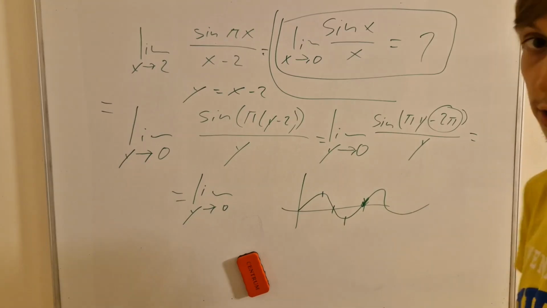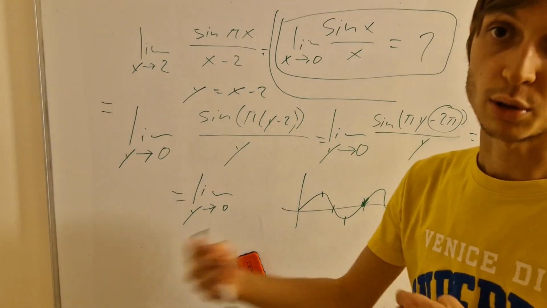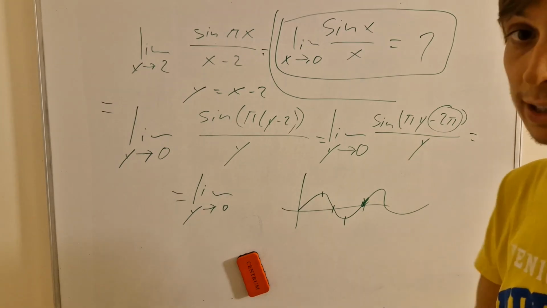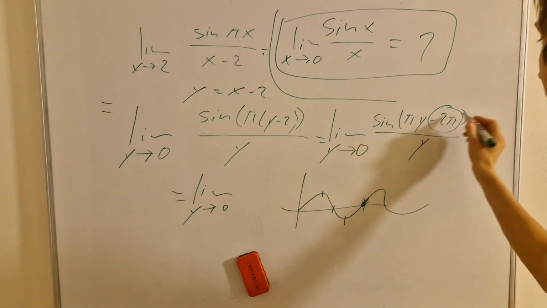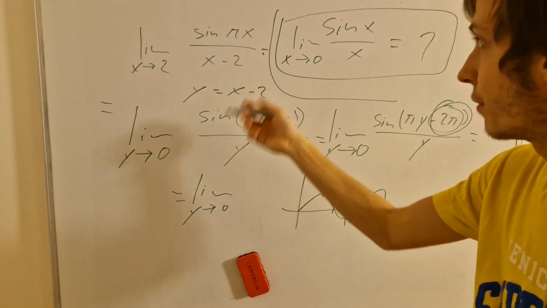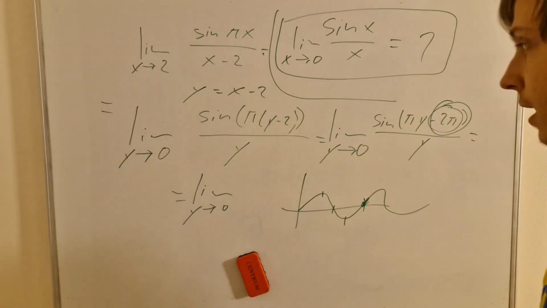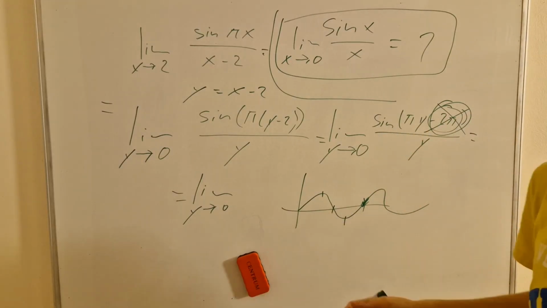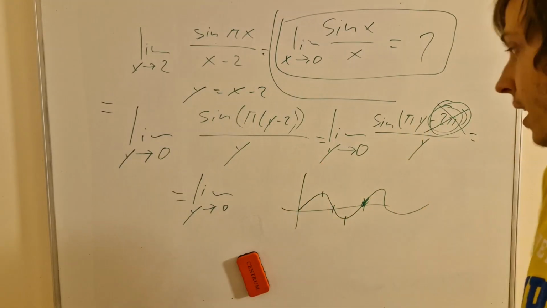It's a repetitive function. So if you have not an odd multiple of pi, but an even multiple of pi, natural number added, an even one, which we have right here because of the 2, if it was 1, then it would be different. But because it's even, it's like it doesn't have an effect. It's like multiplying by 1.